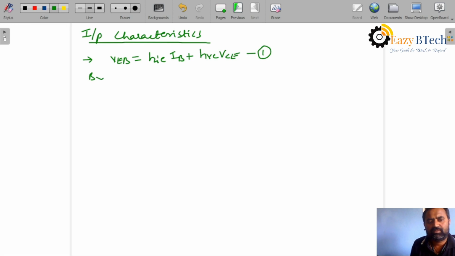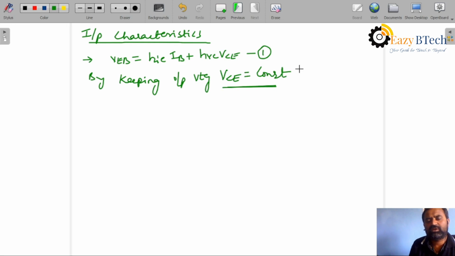By keeping the output voltage VCE constant, note down the values of VBE versus IB.